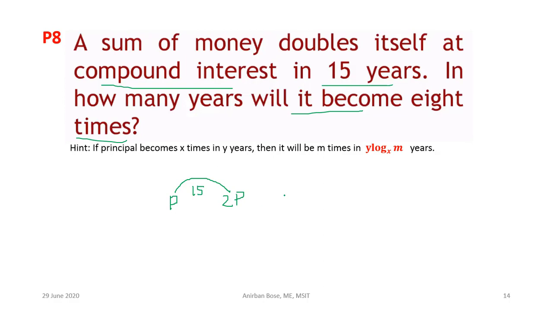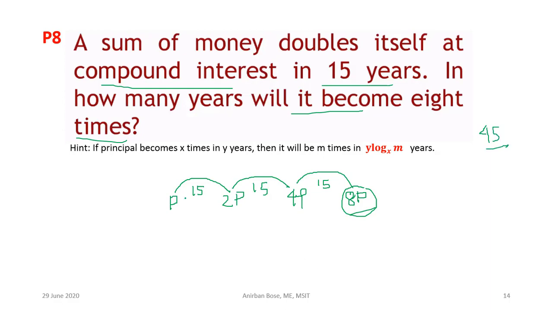Okay, remember, it will become 4 times in another 15 years, and it will become 8 times in another 15 years. This is the nature of compound interest. So how many years will it take to become 8 times the principal? It will be 15 plus 15 plus 15, total 45 years. So the answer will be 45 years.